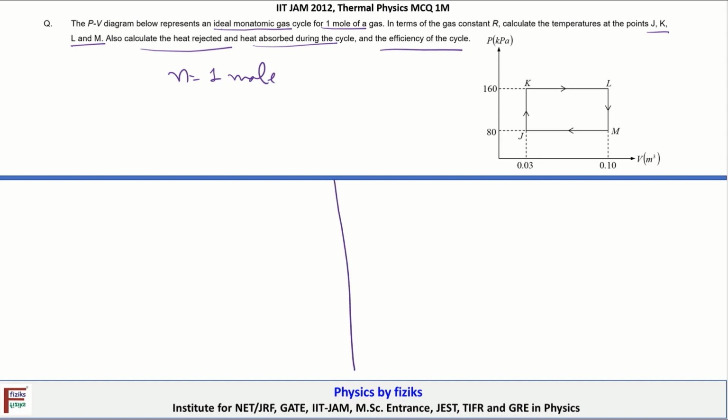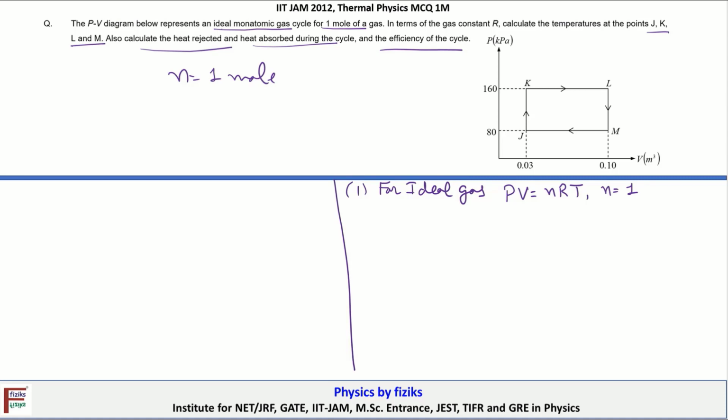In the first part we will calculate the temperature at 4 different points. So for an ideal gas, PV is equal to nRT, because n is given to be 1.